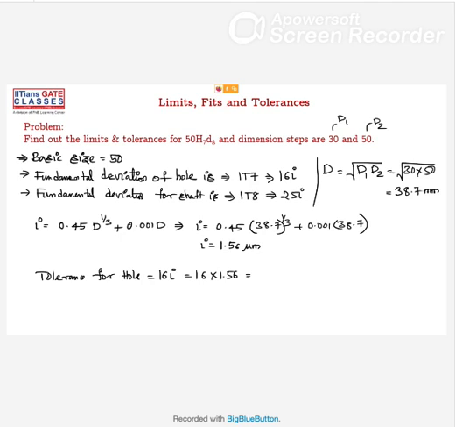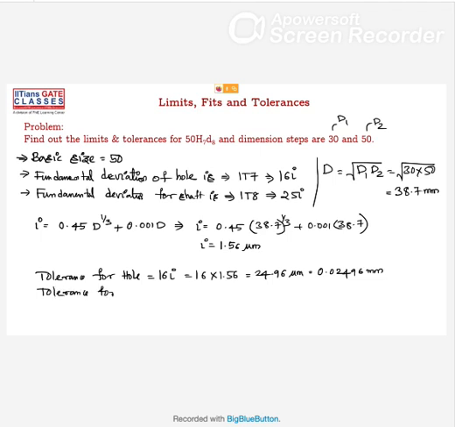Then it is 24.96 micrometers, so it will be 0.02496 mm. This is your tolerance of hole.